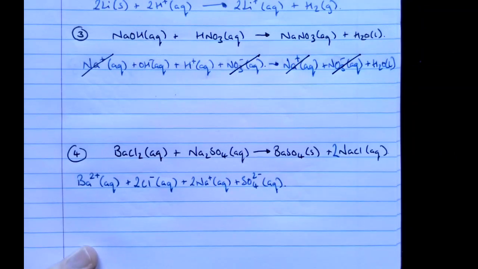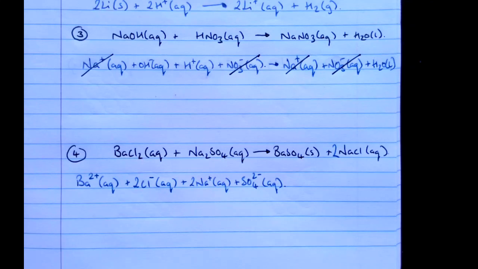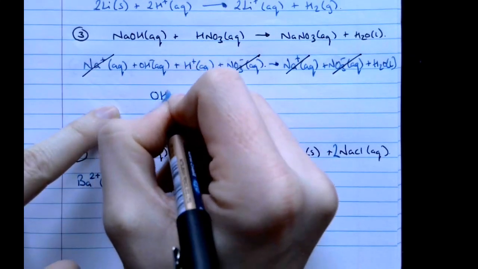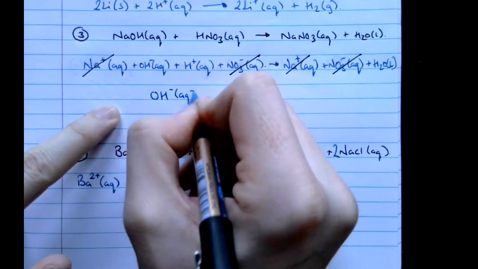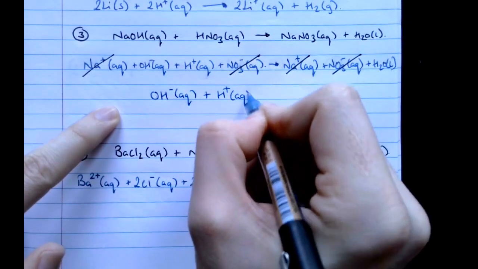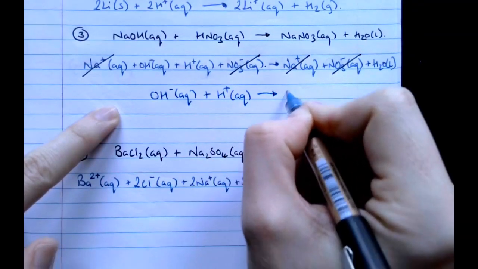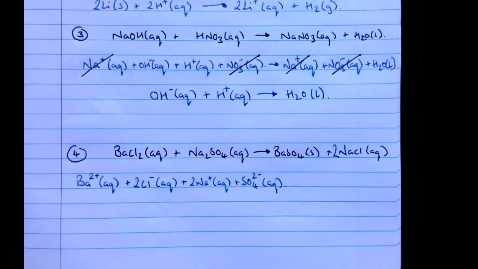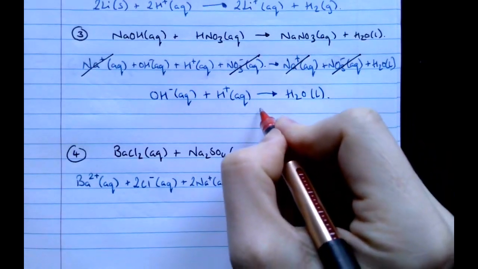So, if I write out my final equation, what I have is OH- (aq) plus H+ (aq) gives me H2O liquid. And that is a neutralization reaction.